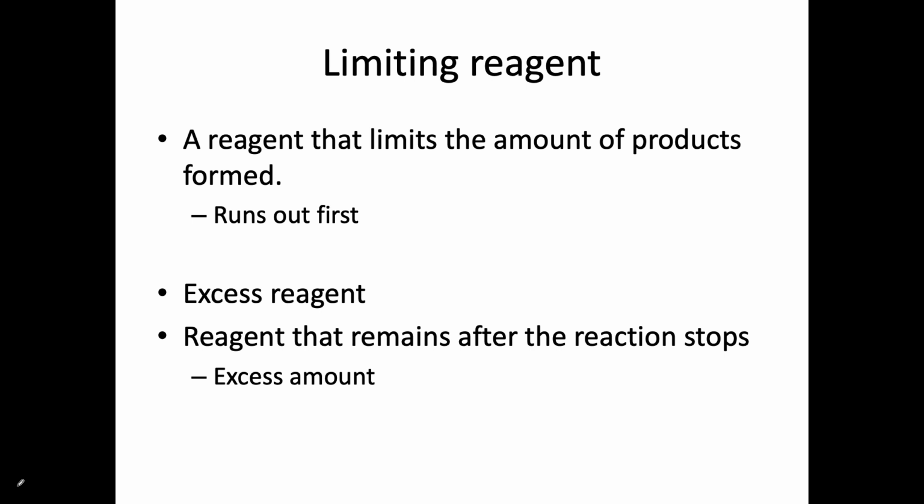And once we know that reagent, we can figure out what the theoretical yield is. And then we have excess reagent. That's the stuff that remains after a reaction stops. And that's why we filter and do some other stuff to our product flask to make sure we get all the impurities, all the stuff we don't want, out. And that, again, remains afterwards.